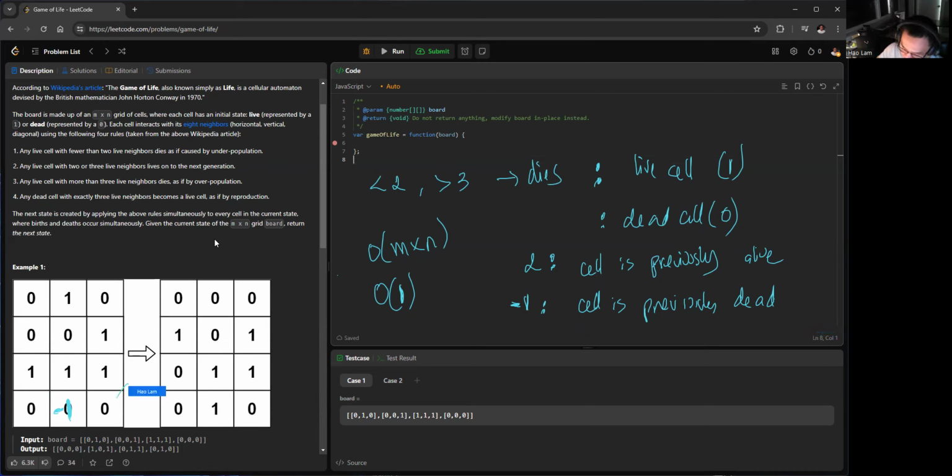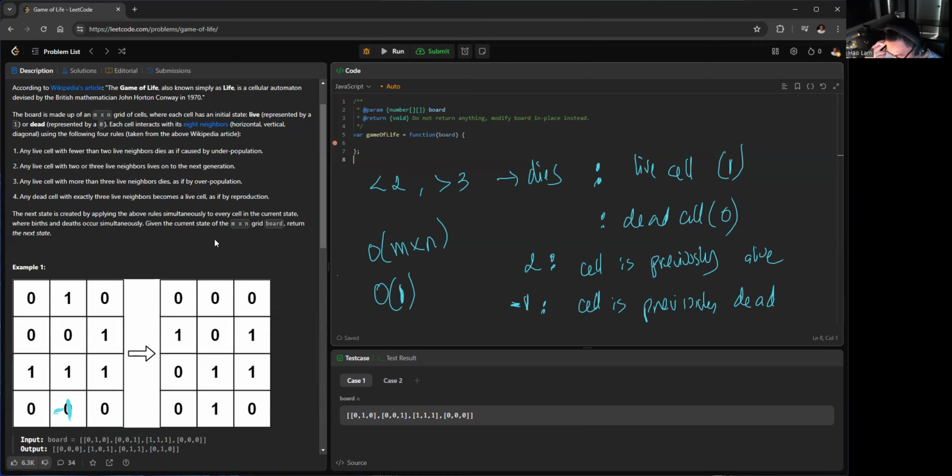So when we look at this cell and call our get neighbor function, it only returns 2, because the neighbors are only the ones with values greater than 0. So the -1 doesn't count. So the 0 here will stay at 0.